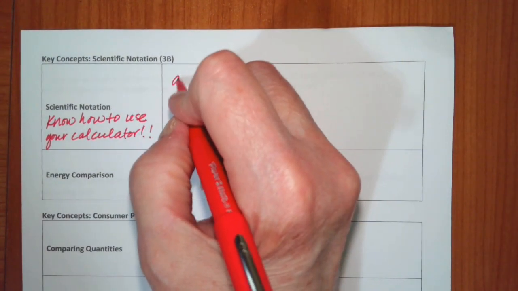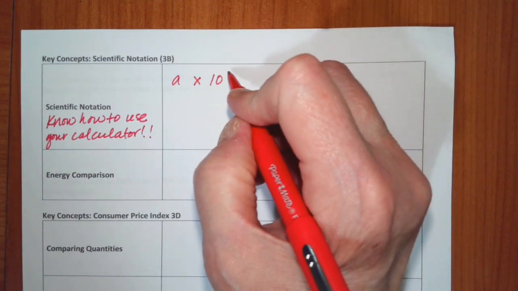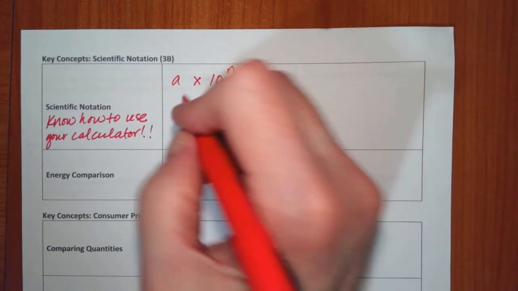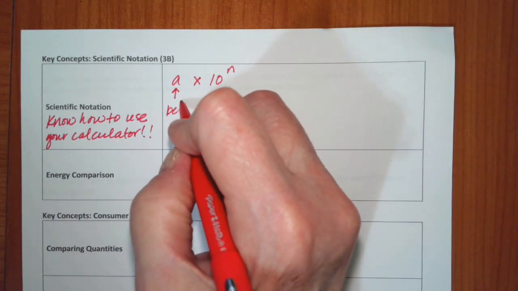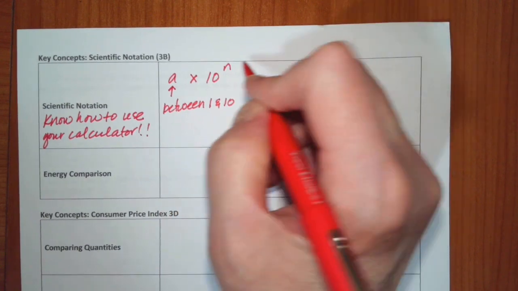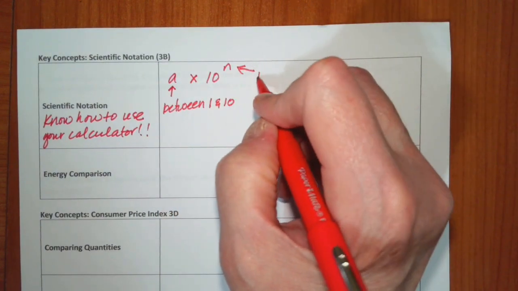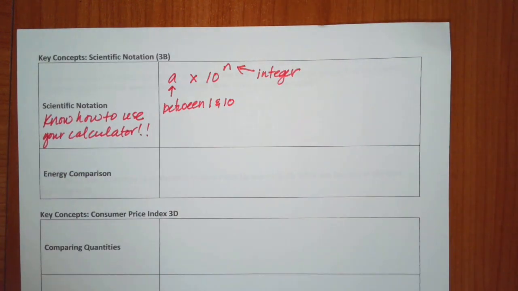Scientific notation is A times 10 to the n, where A is between 1 and 10. And n is an integer, which means it can't be a fraction or a decimal.